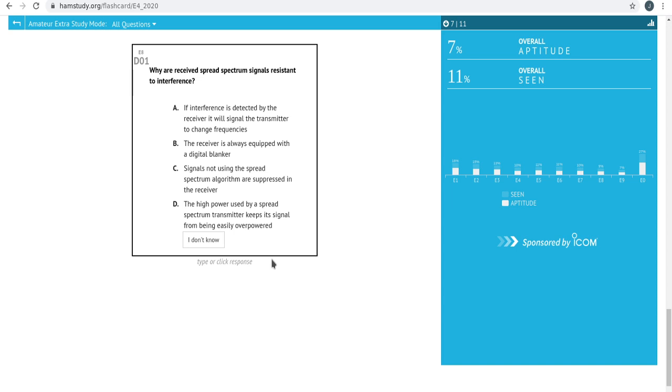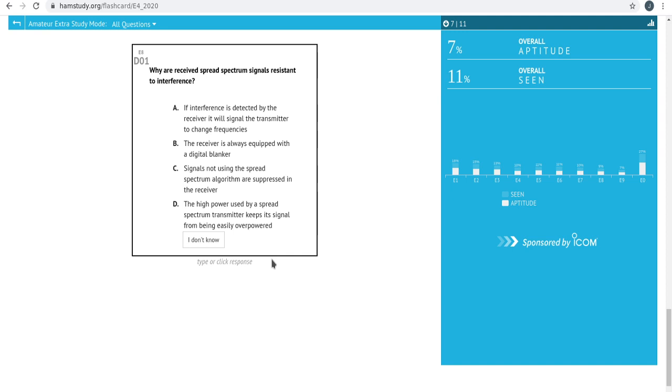Why are received spread spectrum signals resistant to interference? A, if interference is detected by the receiver, it will signal the transmitter to change frequencies. B, the receiver is always equipped with a digital blanker.